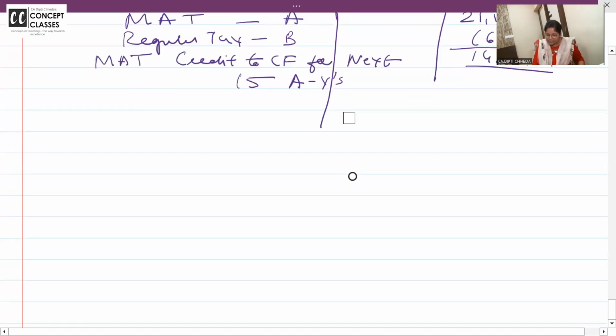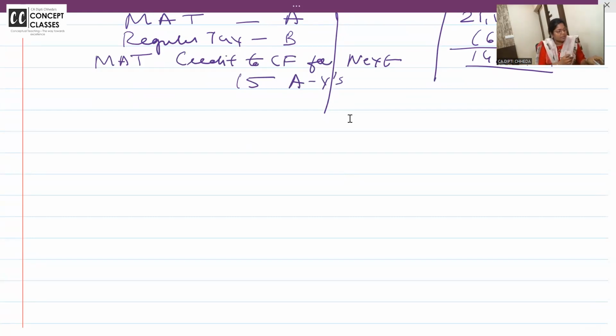Sixth problem, both the ways we will do it, dear students. We will do it in both ways, because what they have asked you for the sixth problem is to calculate the total income and the liability.